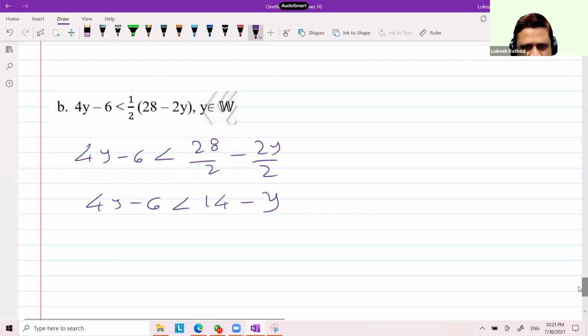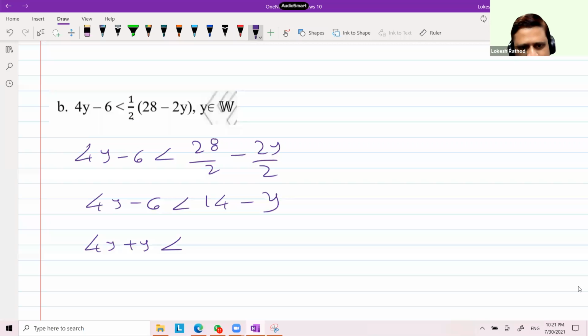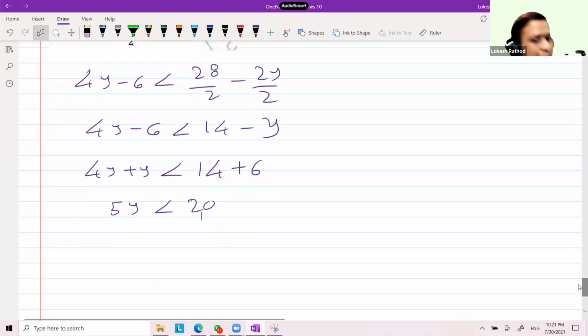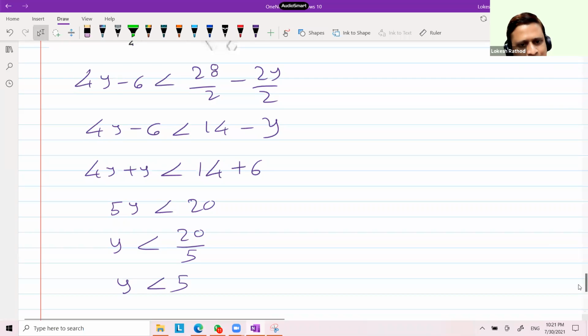This minus y goes to that side: 4y plus y. This 6 goes to that side: 14 plus 6. So I have got 5y less than 14 plus 6, that is 20. 5 goes to that side, so I am dividing by 5, which is positive, so the sign of the inequality does not change. So y less than 5.